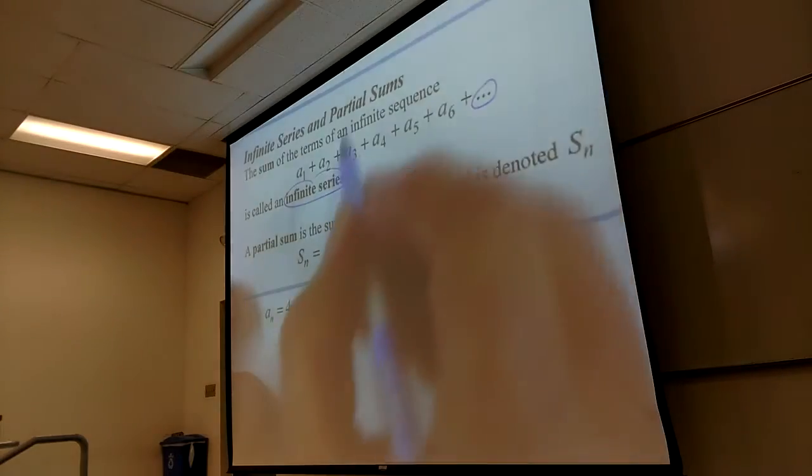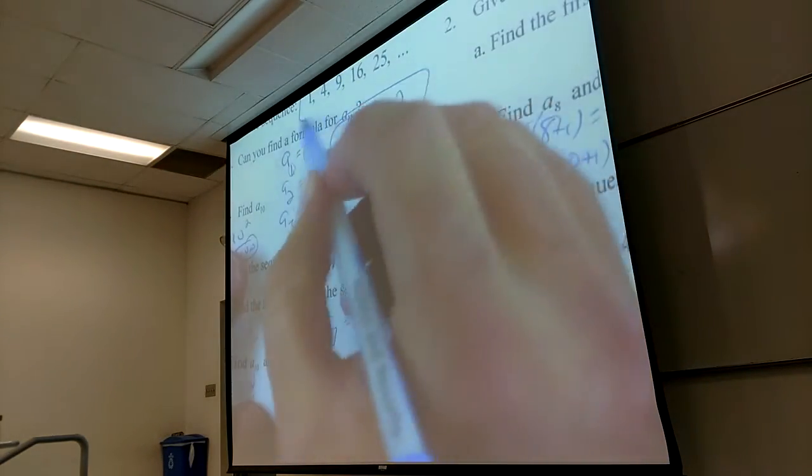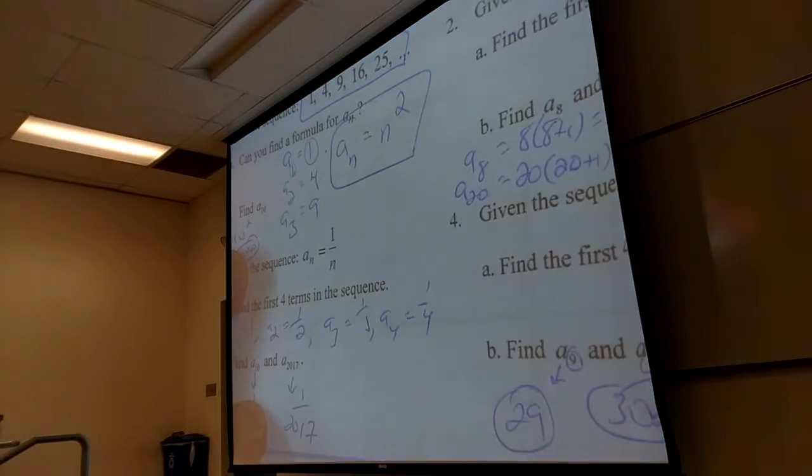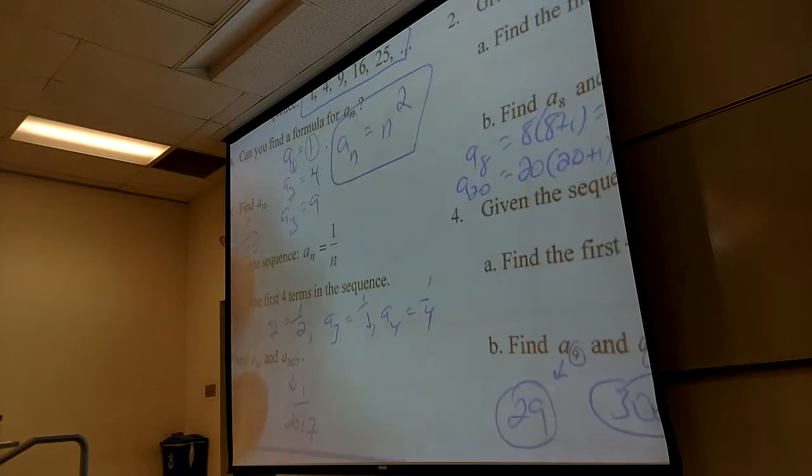A sequence is numbers separated by commas. They have terms, and I can figure out a formula to get each term. A series is just taking the terms of a sequence and adding them up. So it's having a sequence, but adding up the terms.